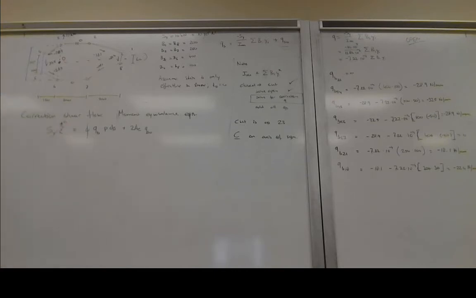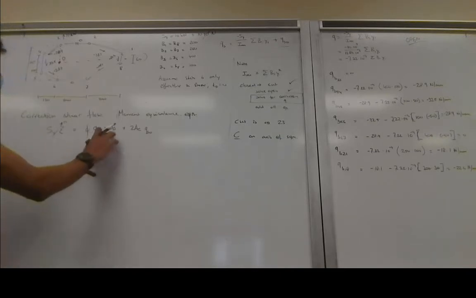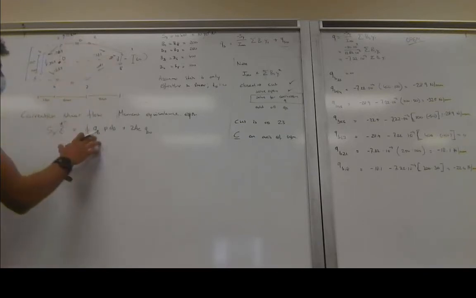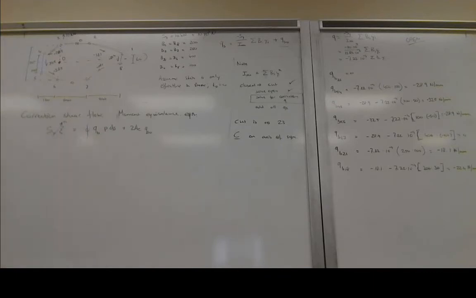So it simplifies our life a bit. Now we have to find where the moment arm is for each of these sections, and we multiply the section by the shear flow by the moment arm and the length of that section. So we said this is equal to 0.